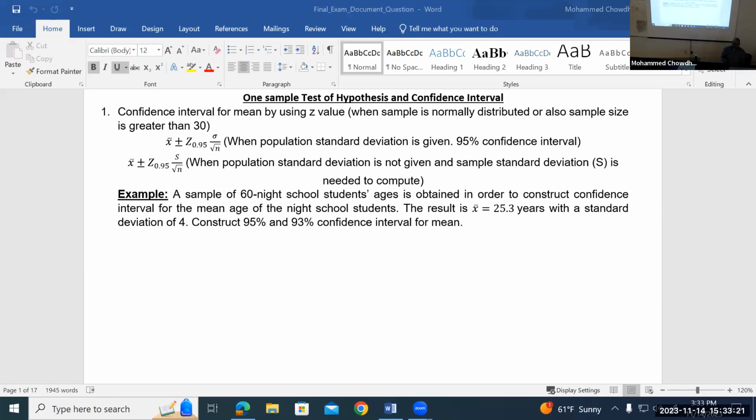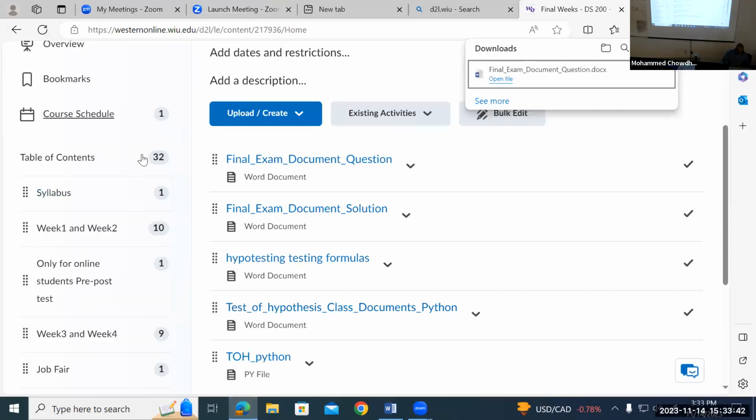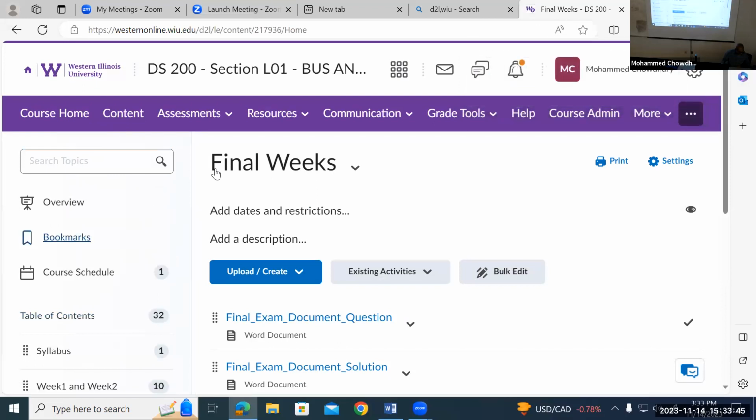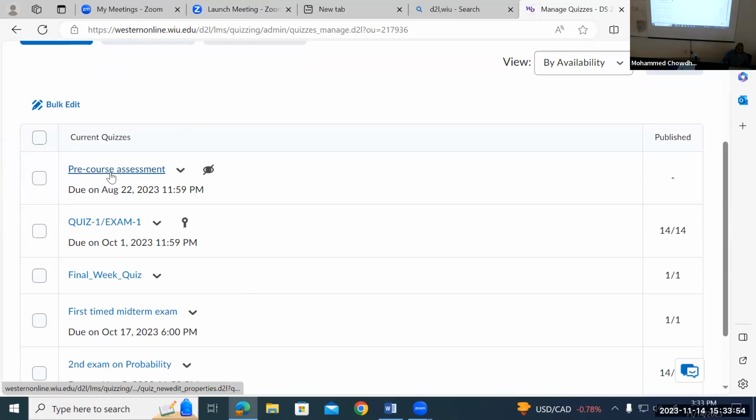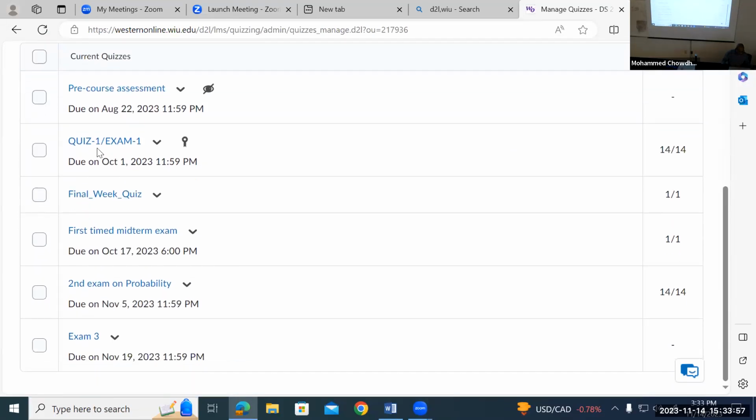Before we start, Claire and I were looking over Western Online, and we saw that the first time midterm exam, a quiz, popped up. It was due on the 17th, but none of us had October 17th, but it just popped up for us. It's in the quizzes. This one? No, the first time midterm exam. Yeah, that just popped up.